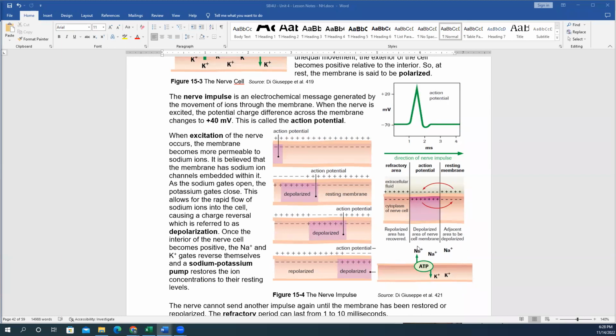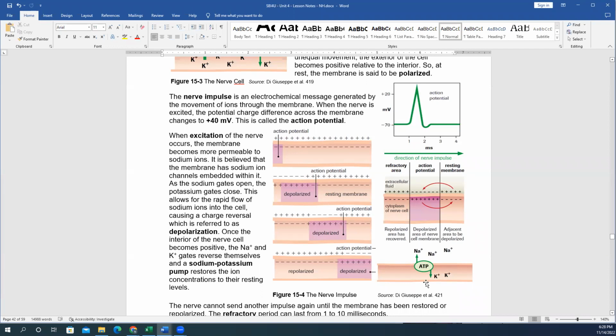So sodium gets pumped back out and potassium is pumped in. In this diagram, we show how the action potential travels across and down the membrane as sections become depolarized and then repolarized again due to the action of the sodium-potassium pump.